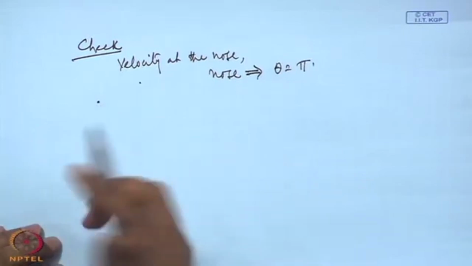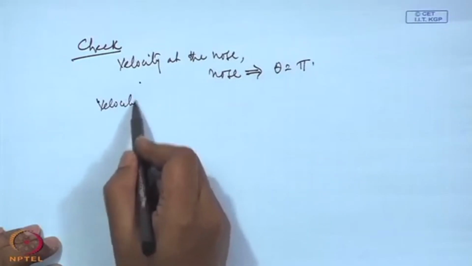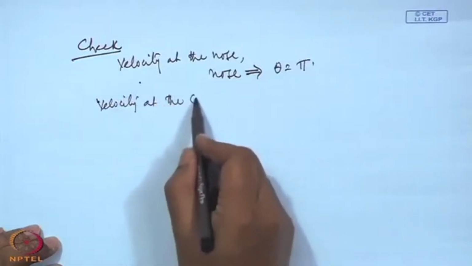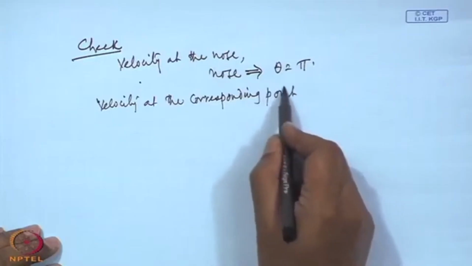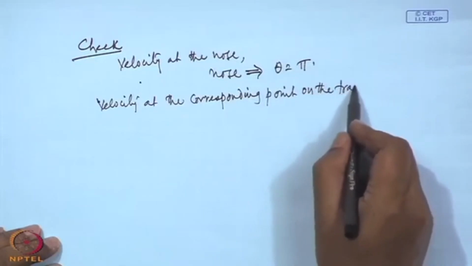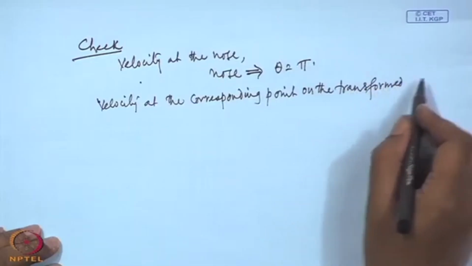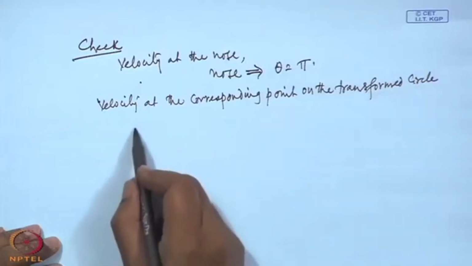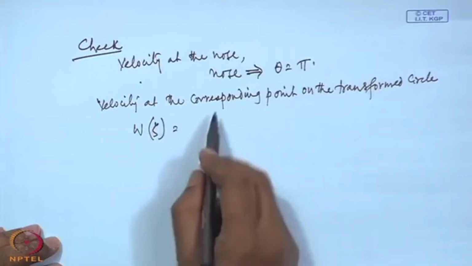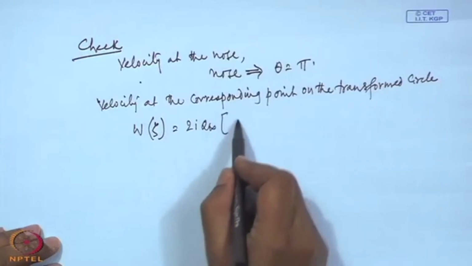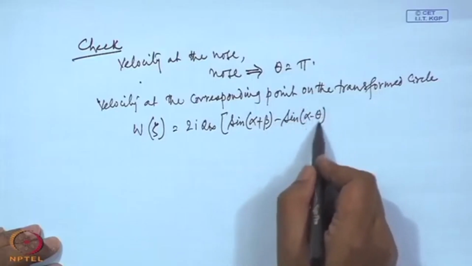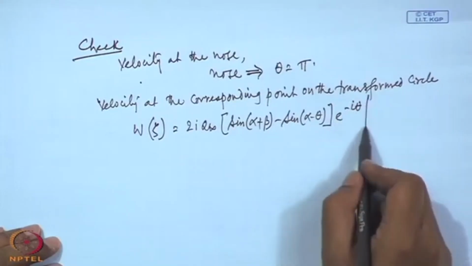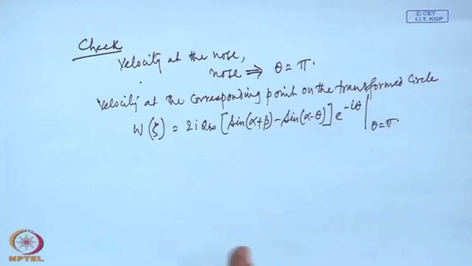So, the velocity on the corresponding point on the circle, alpha is 0, beta is 0, theta is pi.